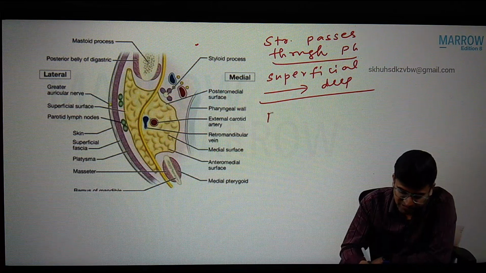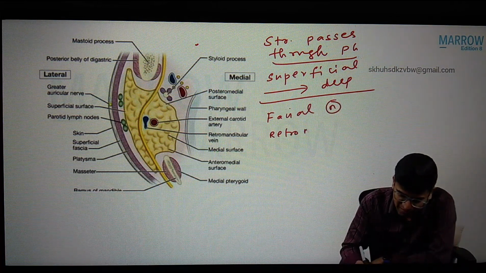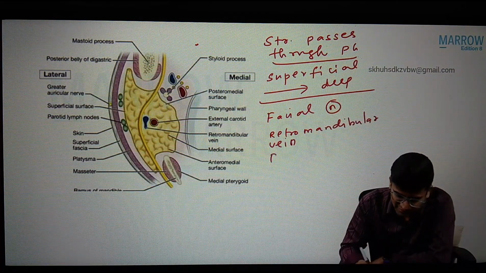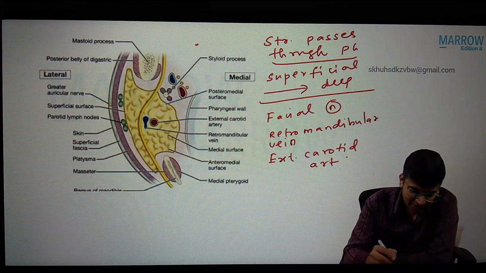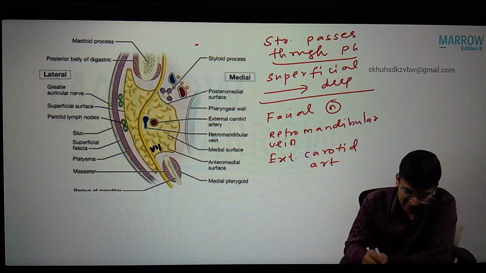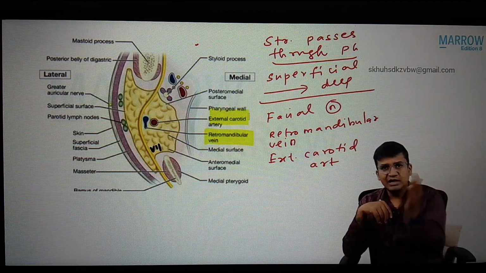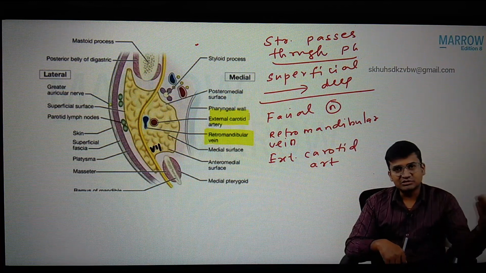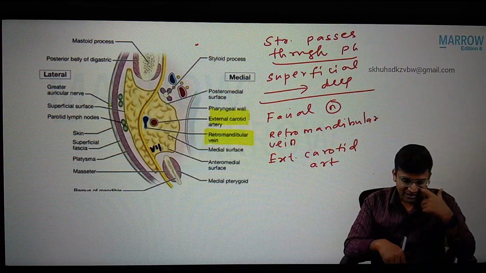The superficial structure is our facial nerve, followed by the retromandibular vein, and then the external carotid artery. So we have to remember in a sequence, superficial to deep. Again, chances are there to ask in the exam: arrange the structures sequentially which pass through the parotid gland from superficial to deep. So facial nerve, retromandibular vein, and the external carotid artery.